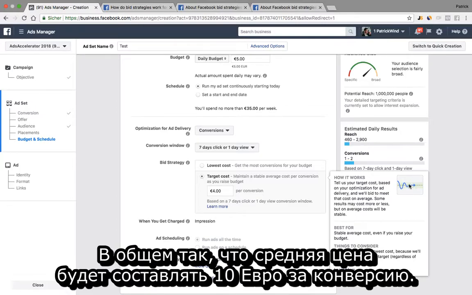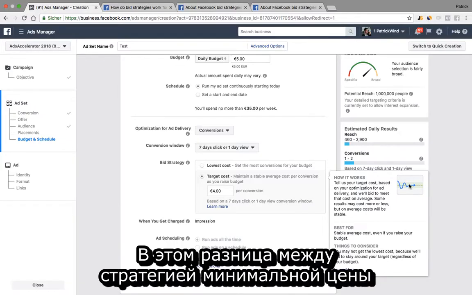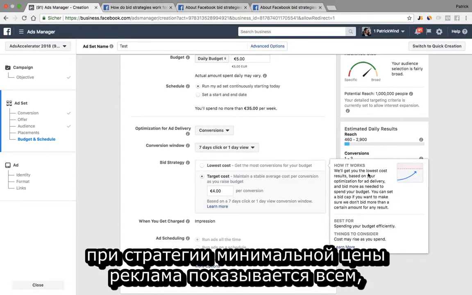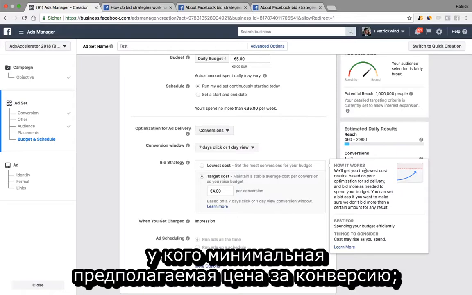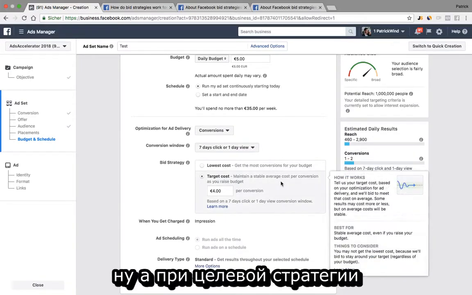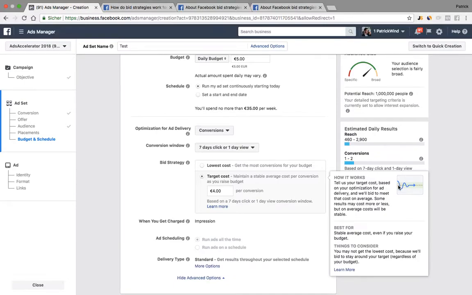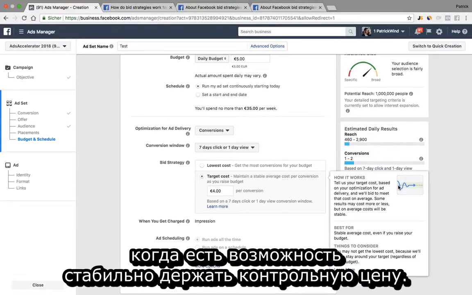So that's the big difference between the lowest cost bid strategy and the target cost bid strategy. In the lowest cost bid strategy, it would first attack all the ones with the lowest expected and estimated cost per conversion. However, in the target cost one, it would also take the more expensive ones only if it can guarantee to go for a stable target cost average.